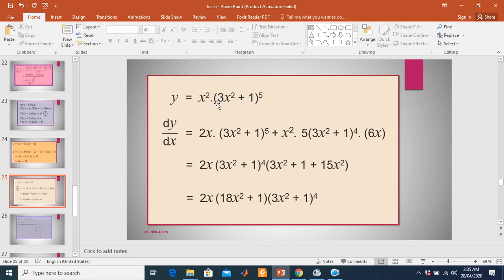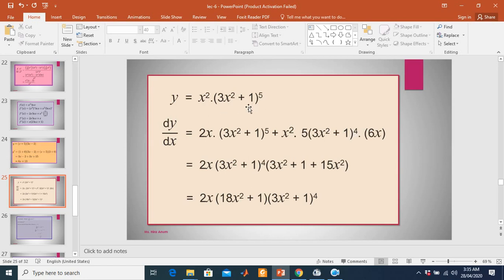So 5 multiplied by (3x square plus 1) power n minus 1, which is 5 minus 1 equals 4.